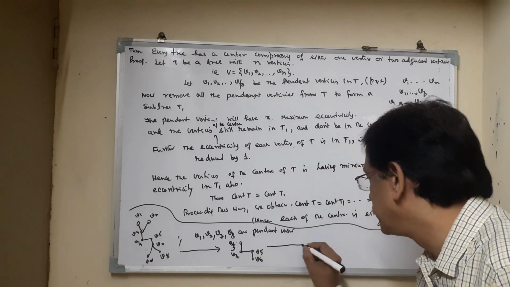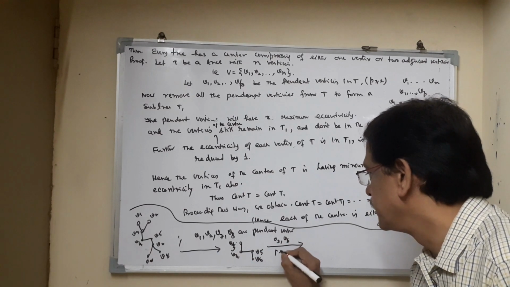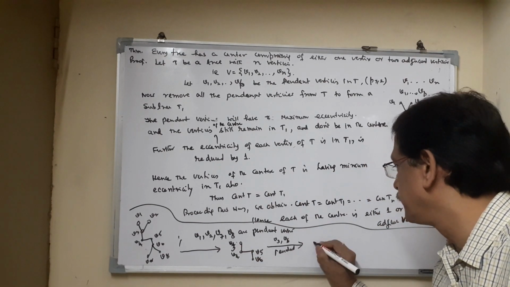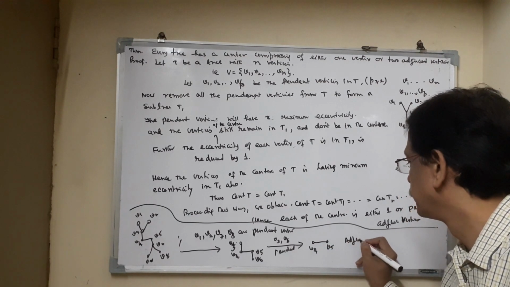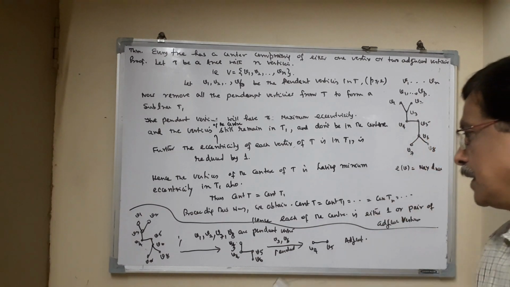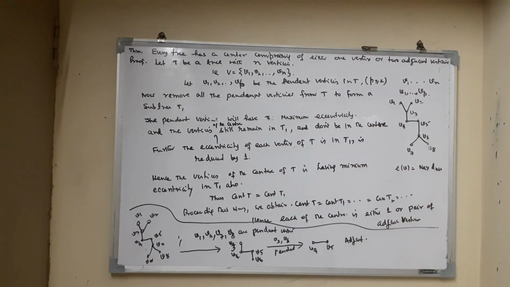Now V3 and V6 are pendant, so I will remove them. If I remove V3, V6, I will get only V4, V5. So they are adjacent. This is one example. In this example, V4, V5 are central, and we have two adjacent vertices. Now I would like to see another example.